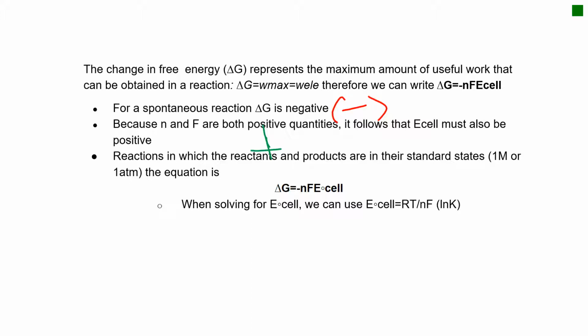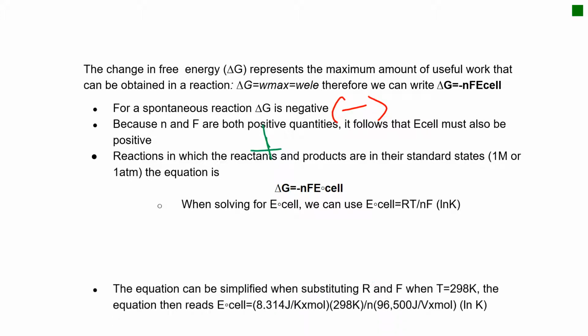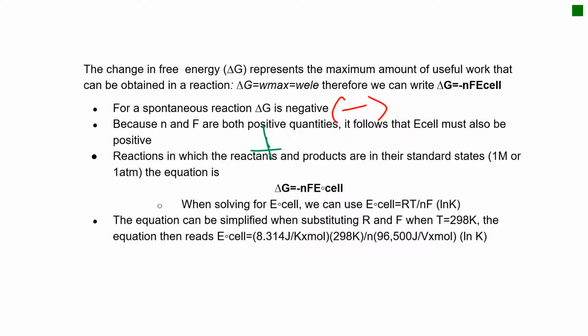When solving for E cell, we can use E cell equals RT divided by nF multiplied by the natural log of K. This equation can be simplified when you substitute the R and F values at a temperature of 298 kelvins: 8.314 for R and 298 for the temperature, divided by the F constant of 96,500.